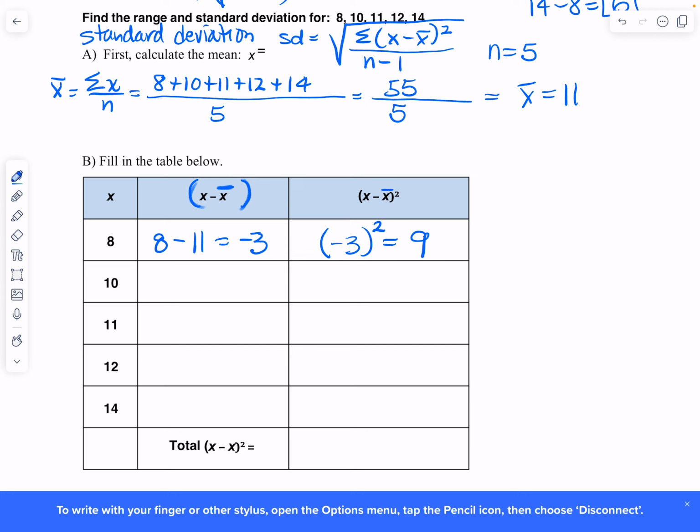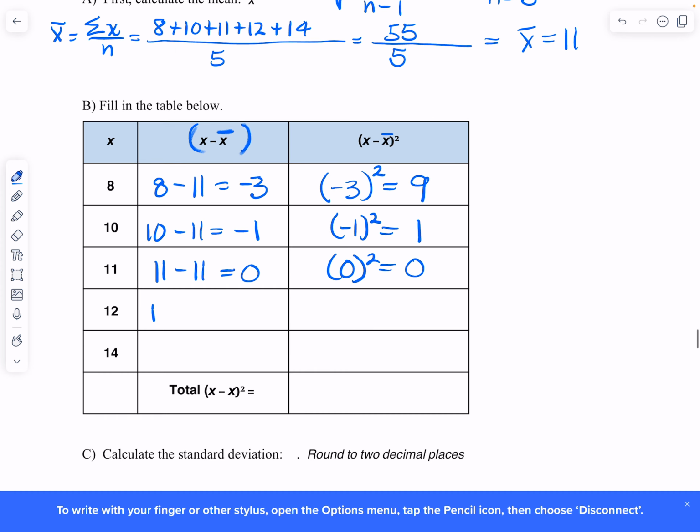Okay? Let's do the next one. 10 minus 11 equals negative 1. If I take negative 1 and I square it, I get a positive 1, because that's negative 1 times negative 1. Okay, 11 minus 11 is 0. 0 squared is 0.